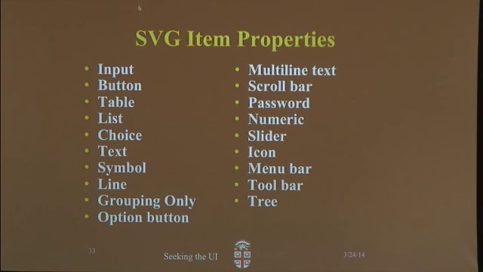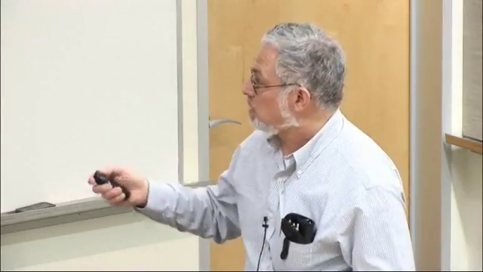Plain text, whether it's a symbol, some little icon the user tried to draw, whether it's a line, whether it's something used only for grouping, it doesn't have any other effect. Options, multi-line text versus single-line text. Scroll bars we detect. We have a classifier that looks for those. Numeric fields, if you only have numbers, we can detect that. Sliders, icons. We look for all these different types of things.